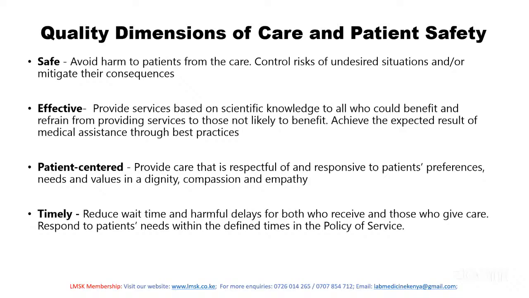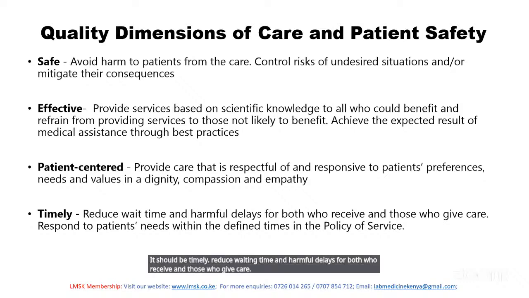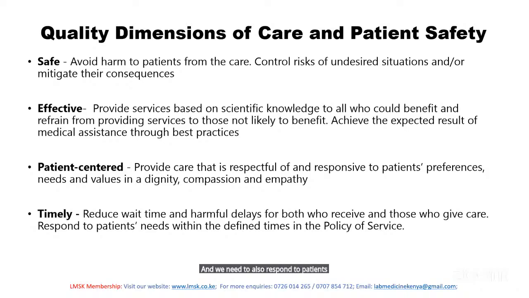They should be patient-centered: care that is respectful and responsive to patients' preferences, needs, and values in a dignified way, with compassion and empathy. It should be timely, reducing waiting time and harmful delays for both those who receive and those who give care. And we need to respond to patients' needs within the defined times in our policy of services.